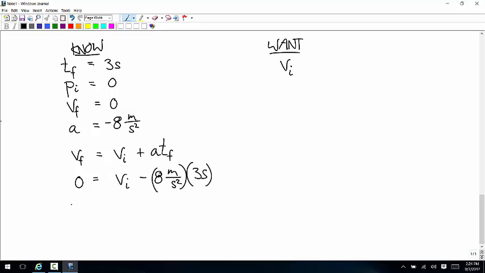And so I can rearrange that to say V initial is equal to 24 meters per second. Oh, that's all I had to do here.